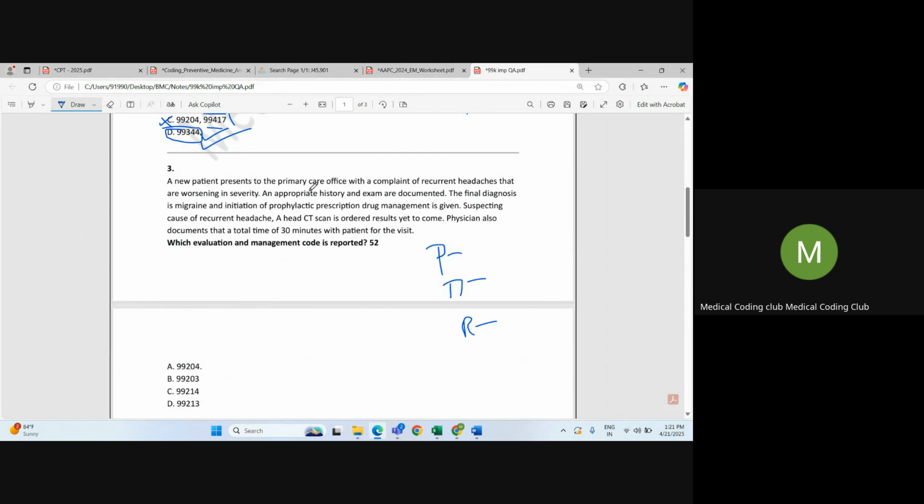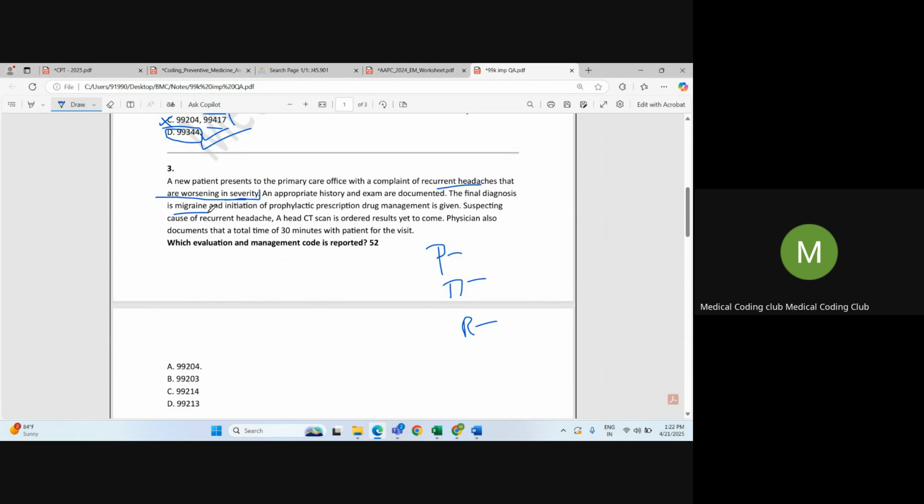A new patient presents to the primary care office with a complaint of recurrent headache that is worsening in severity. Recurrent headache is a repeated headache that is worsening in severity, so you need to highlight it. And then the final diagnosis is migraine.